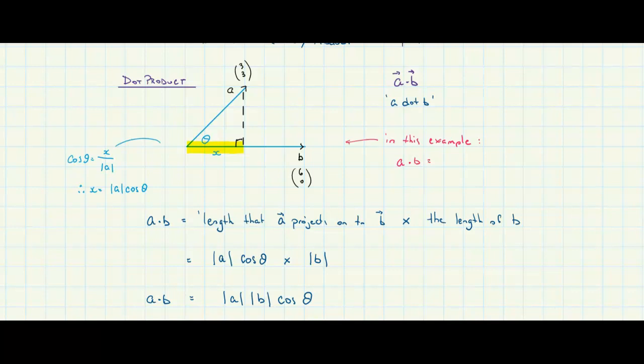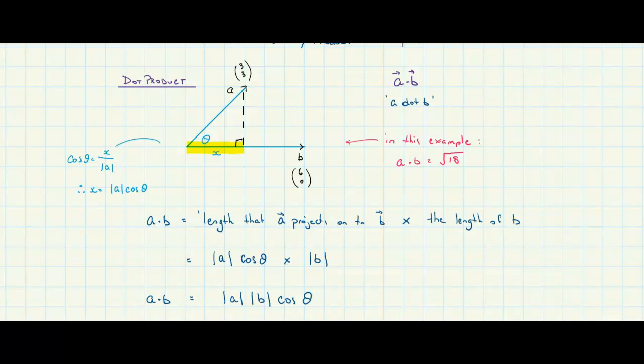A dot B is equal to the magnitude of A times cos theta. So the magnitude of A is the square root of 18, 3 squared plus 3 squared, just the magnitude of that vector there. Cos theta is equal to cos 45.